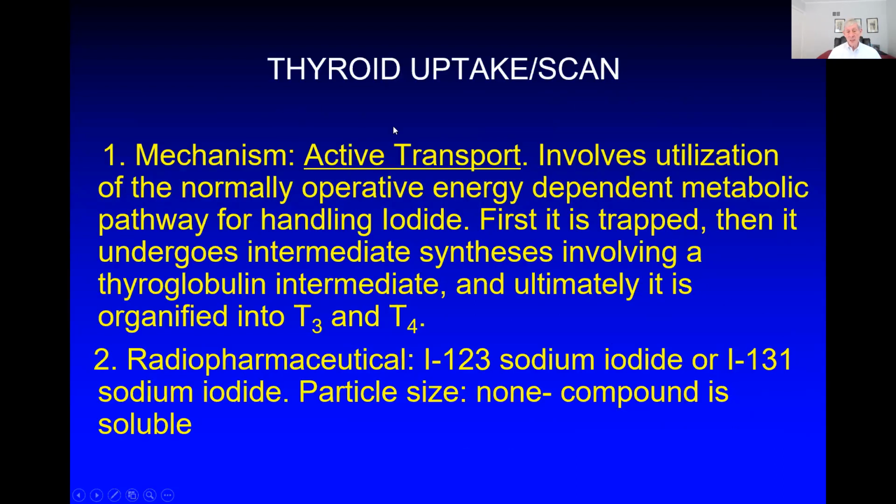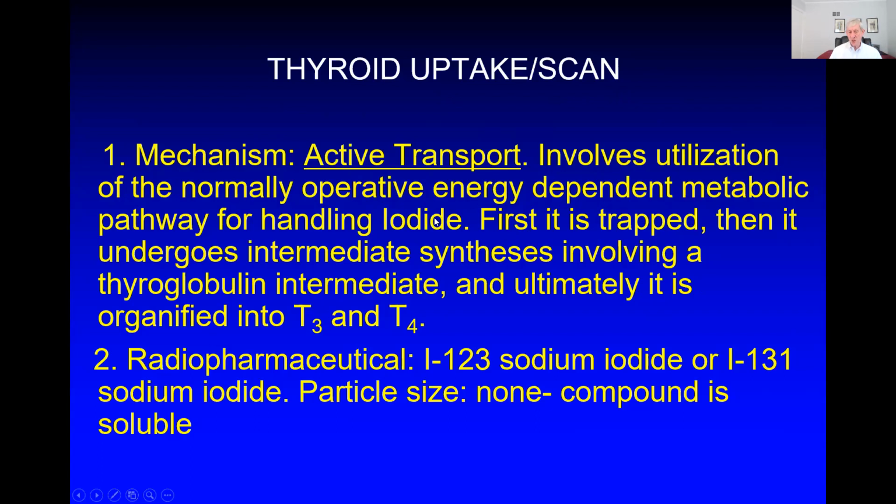Okay. The mechanism of uptake for the iodide, it's I-, simple iodide ion. It's called active transport. I think I mentioned it last week, but active transport, as you'll recall, is a normally operative mechanism that's going on in the body, but here are the key words: energy dependent. What happens here?